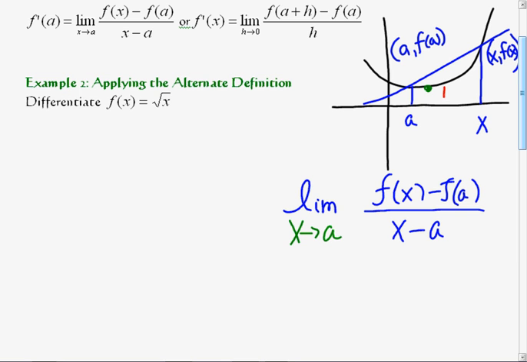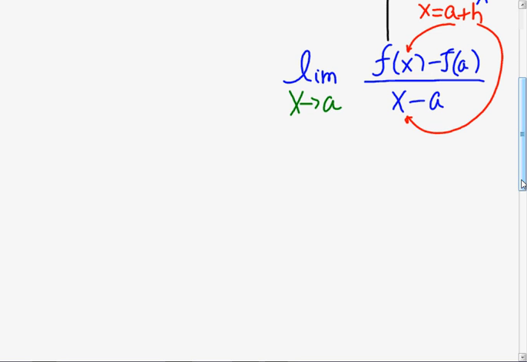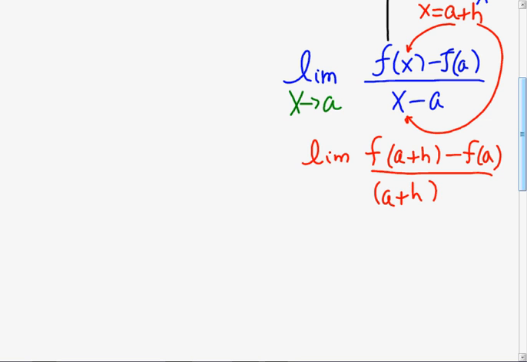So if I call this distance h, then what's x equal to? A plus h. So if I substitute that in there, I will get the limit of f of a plus h minus f of a over a plus h minus a. That's the same one, isn't it?